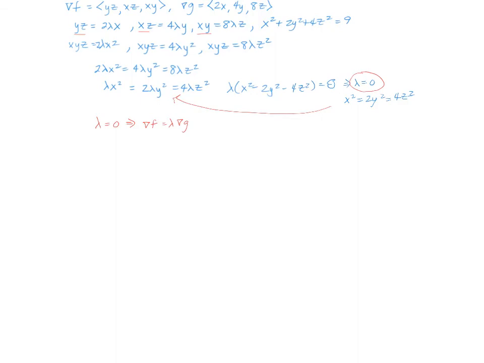So if lambda is equal to 0, that means the gradient of f is the 0 vector. Going back to the very beginning when we were talking about properties of vectors, what that means is my function is constant.